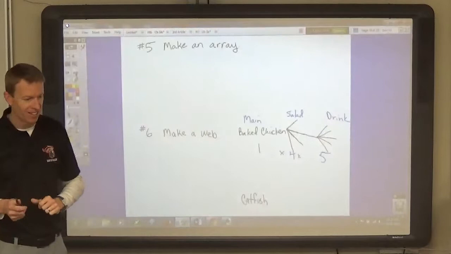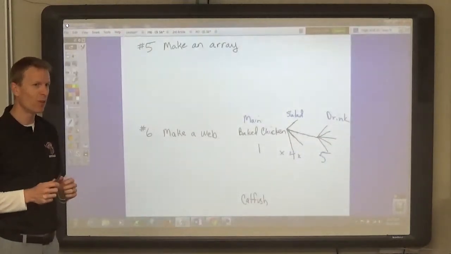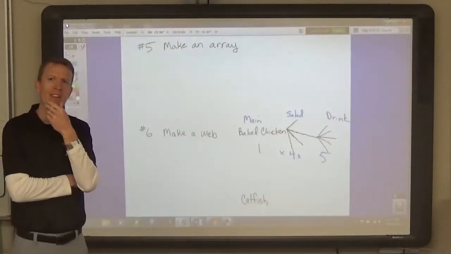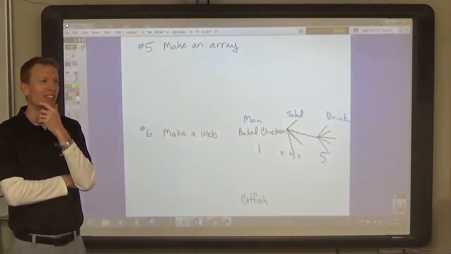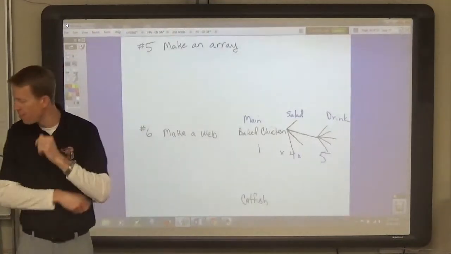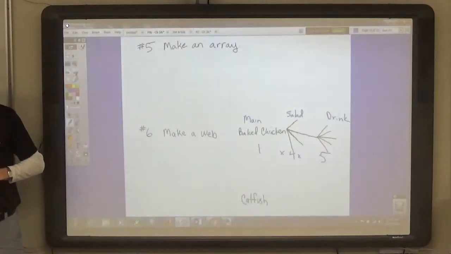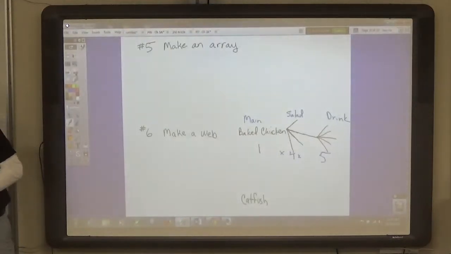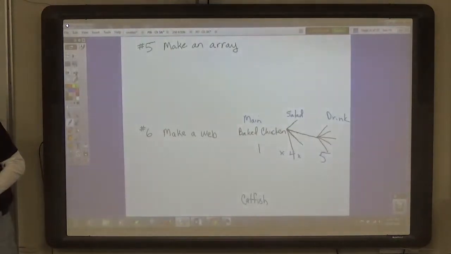So if you were up at the counter and you were curious, I wonder how many different combinations I could make. Look at that menu. At the Lakeside Camp menu, you can get 2 main dishes, 4 different kinds of salad, and 5 different drinks.